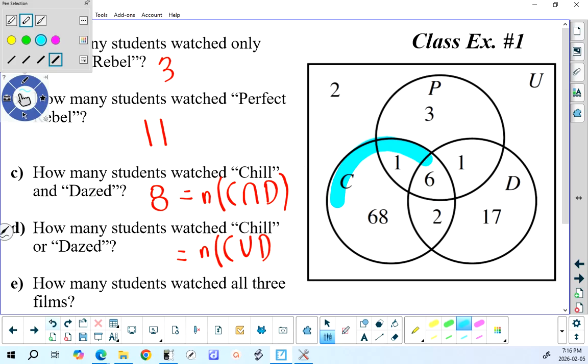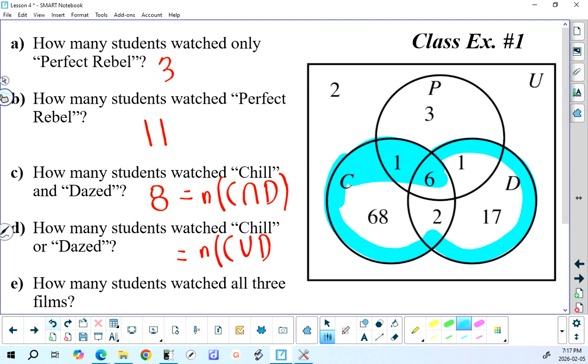So anything in this region is C or D. Anything in this region would be C but not D, or D but not C, or both C and D. Every one of those pieces is C or D or both.